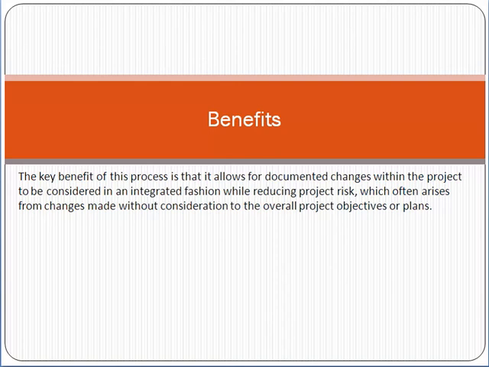Whenever we make a change, for example in the source code, we may only consider that. However, at a later stage it comes to our knowledge that because things are integrated with each other, we must have a proper integrated change control process, so that we can reduce the risk as well.